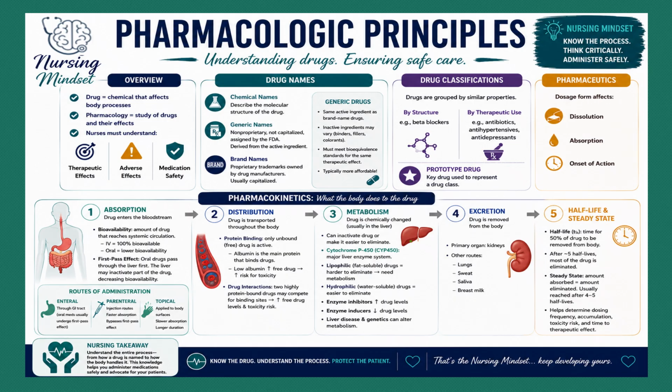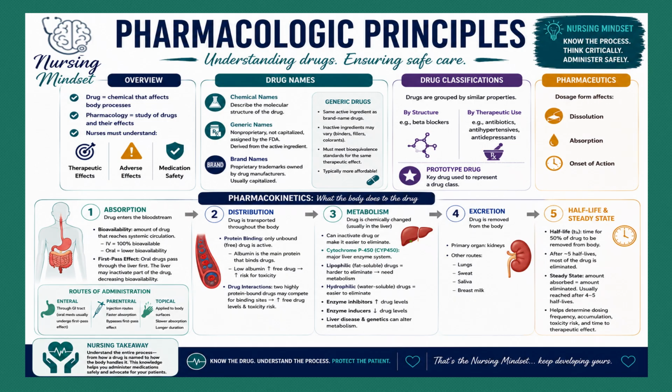Because part of an oral medication may be metabolized before it reaches circulation during that first pass effect, the oral dose may be different from the IV dose. That's why a lot of times you're going to see oral doses being higher than IV doses.